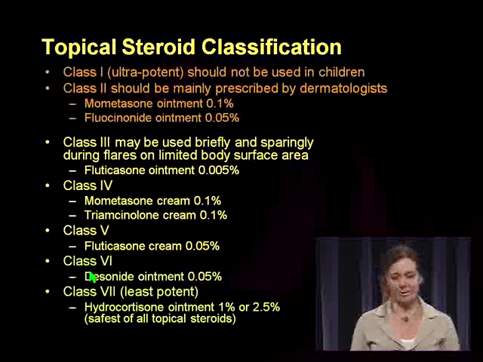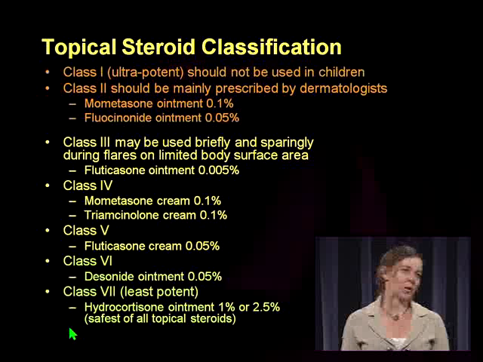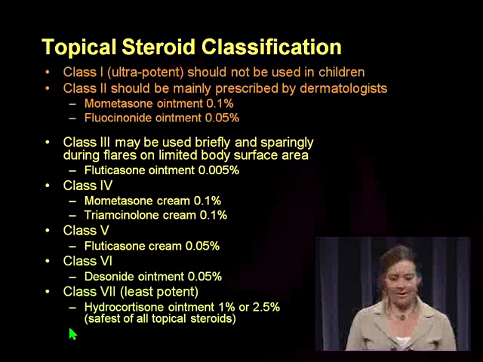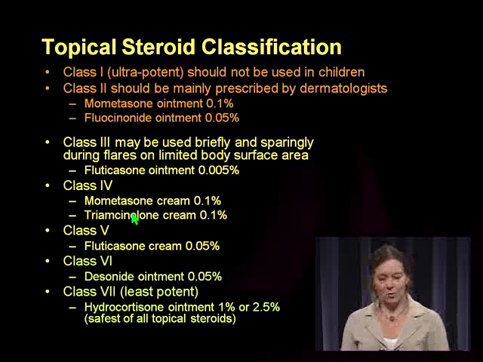So we can see that class 7 is what we probably use most frequently, especially in infants and very young children. So hydrocortisone ointment, 1 or 2.5%. It's going to be the least potent and the safest. Then we get up into the mid-potency. And we can see that while mometasone cream, for example, is a class 4, so mid-potency, if you use mometasone ointment, then you jump up to a class 2.